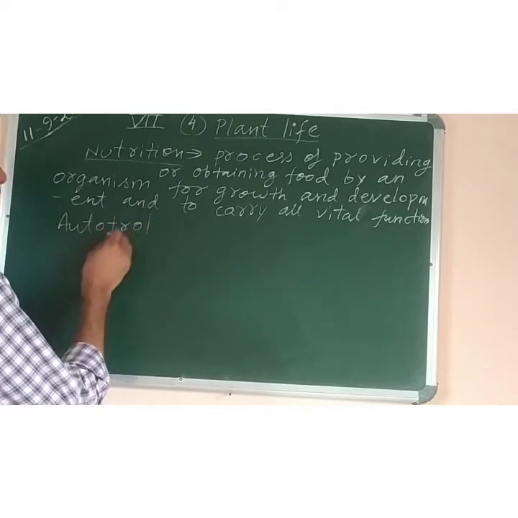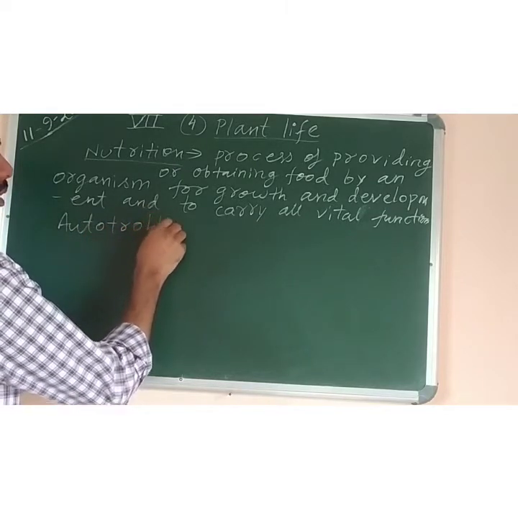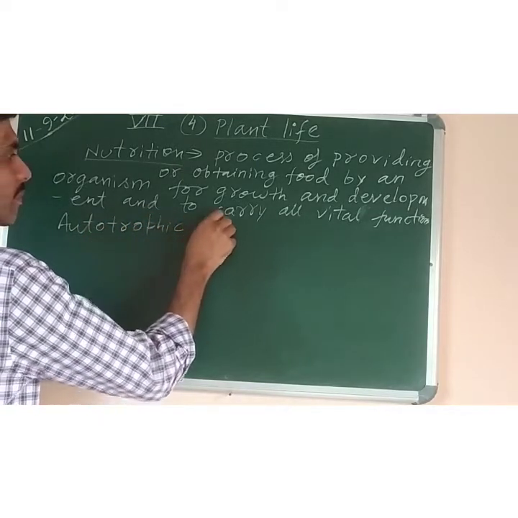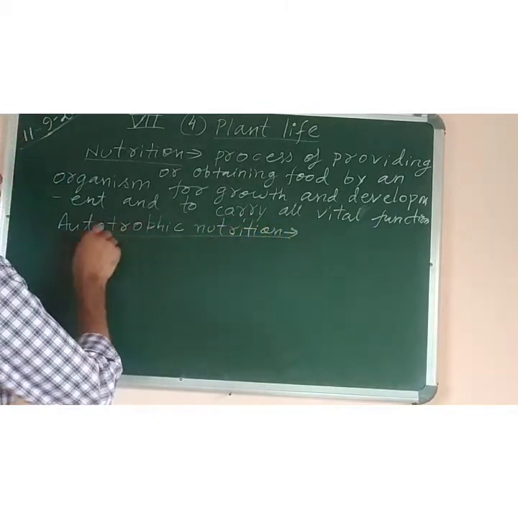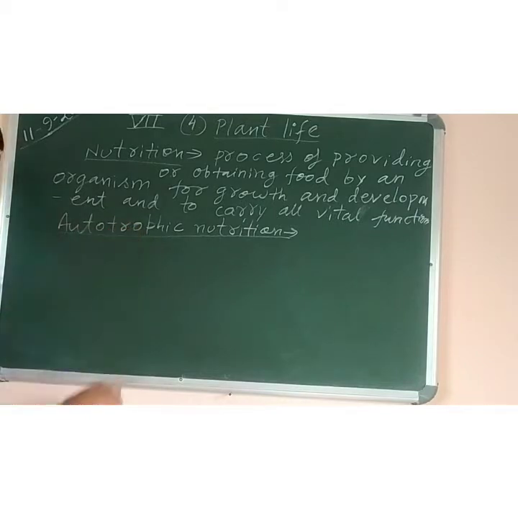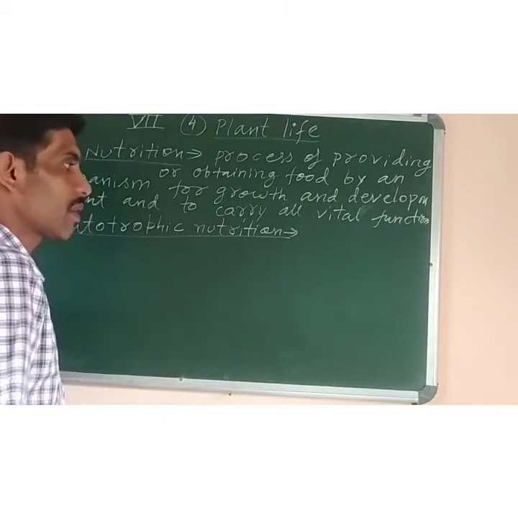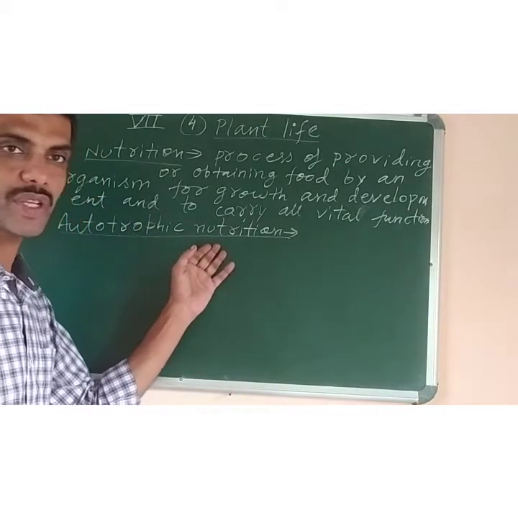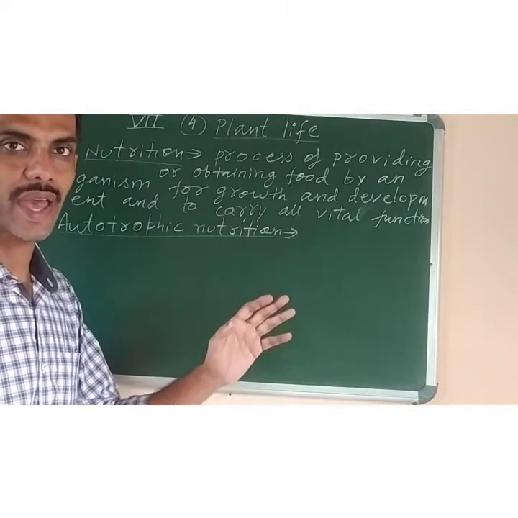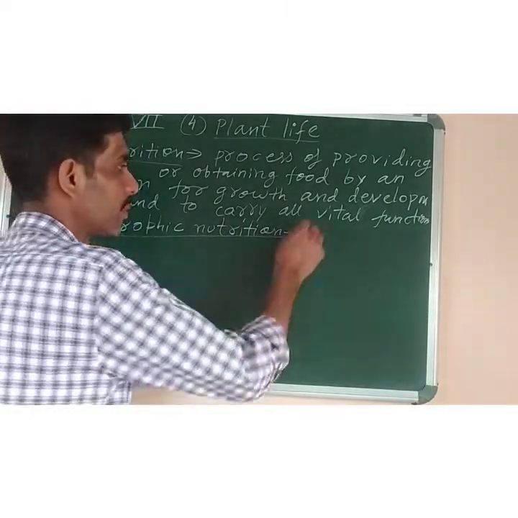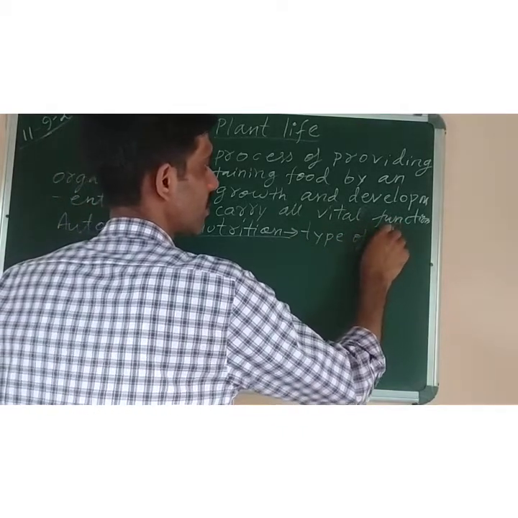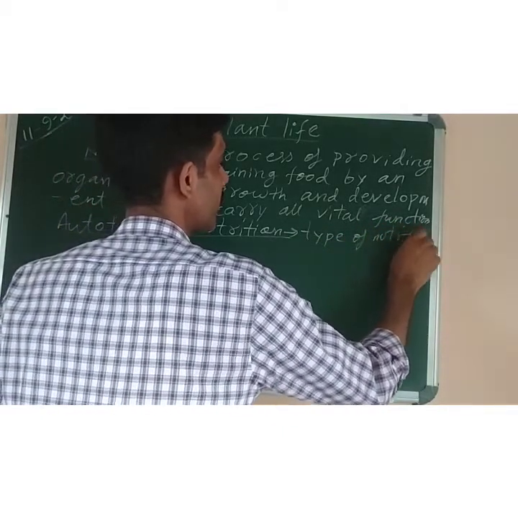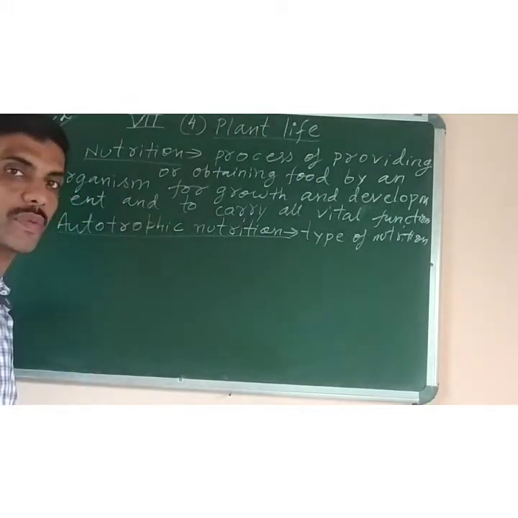So what is autotrophic nutrition? Auto means self, trophic means food. So it is a type of nutrition in which organisms can make their own food. First we studied what is nutrition, then we are studying about the types of nutrition.